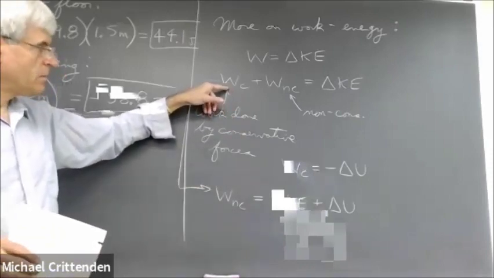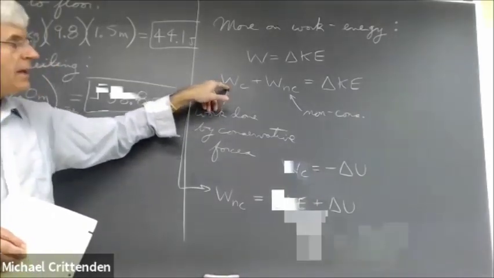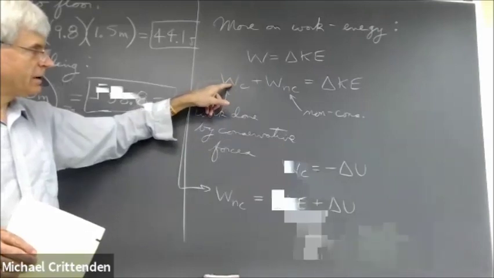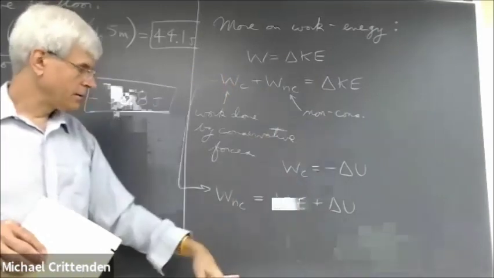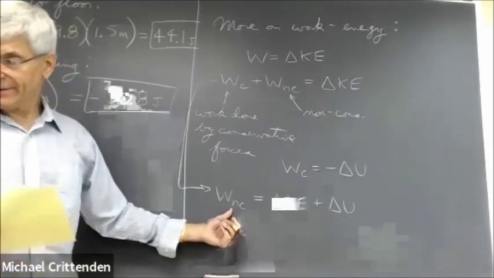Maybe I should have written it out as two separate lines; I kind of did two things at once. I put negative delta U here, and then I added it to both sides, which makes the relationship into that.